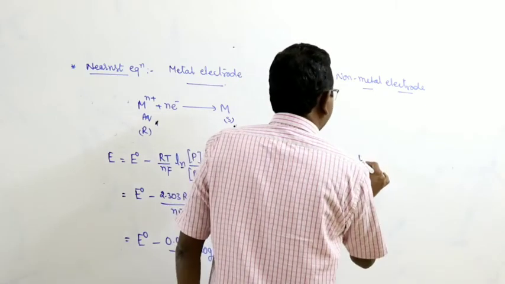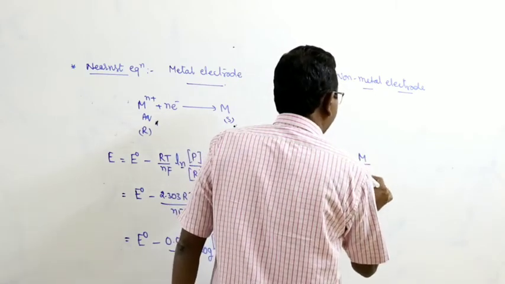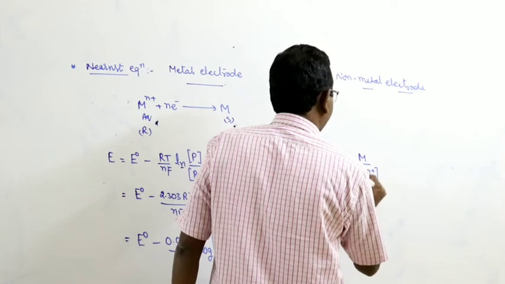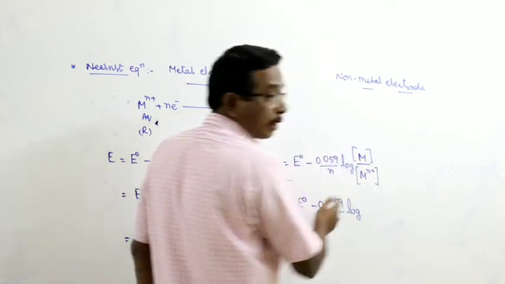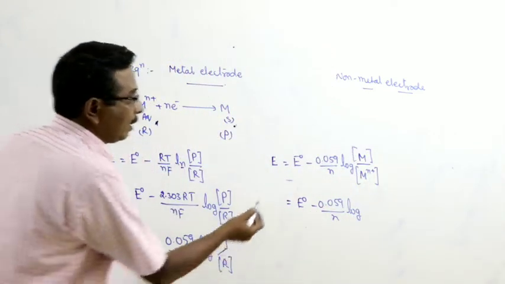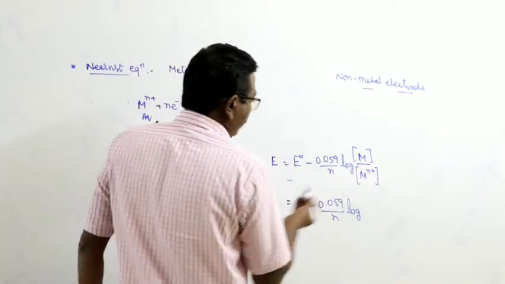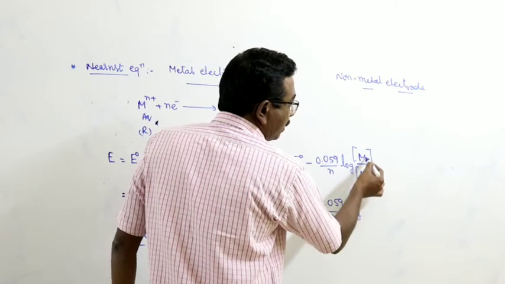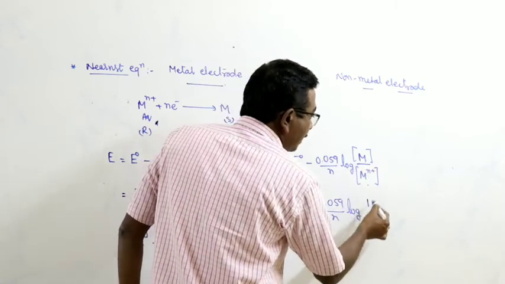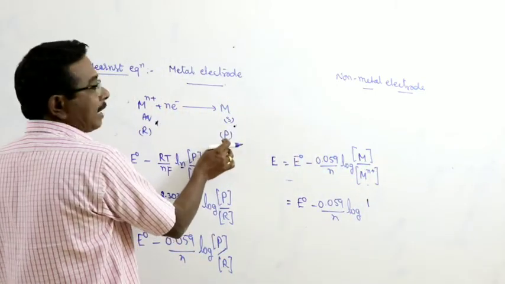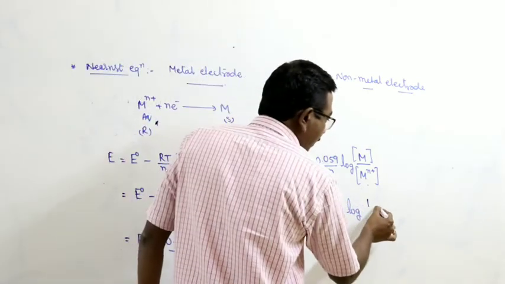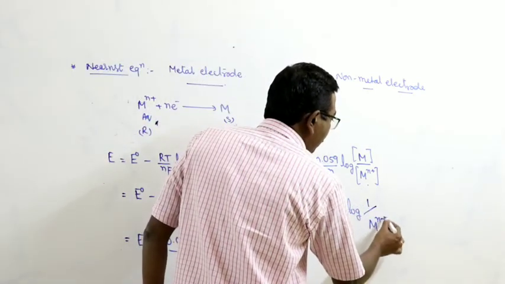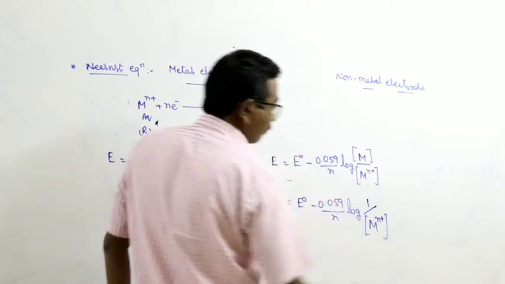Product means M, by M^n+. You have to follow the textbook, the IUPAC convention. Here M is the product and M^n+ is the reactant. M^n+ is in aqueous solution, and M is in solid state. For solid state, the concentration of metal is taken as unit activity, 1, by M^n+ concentration.